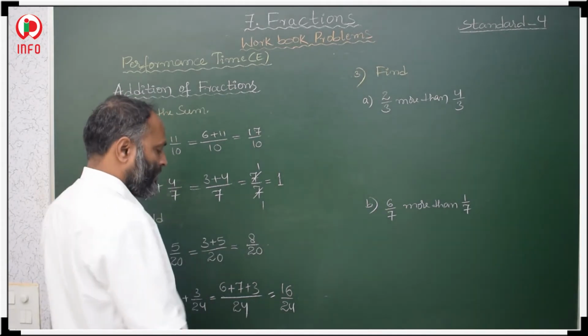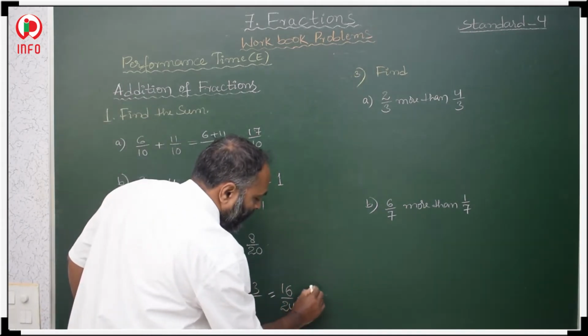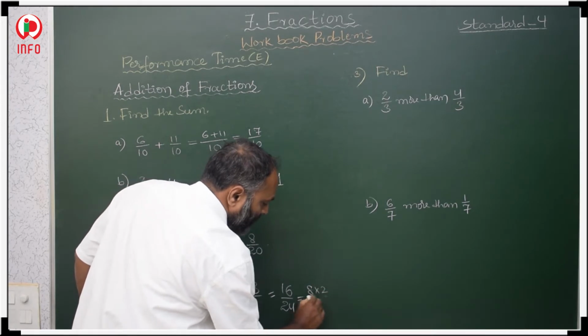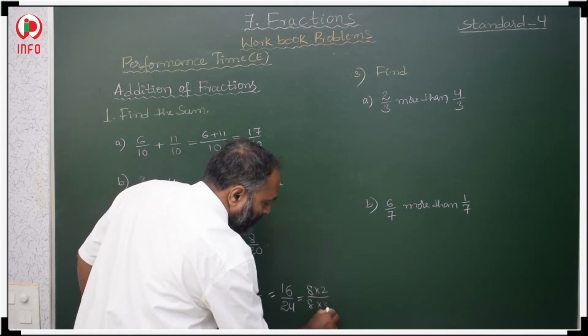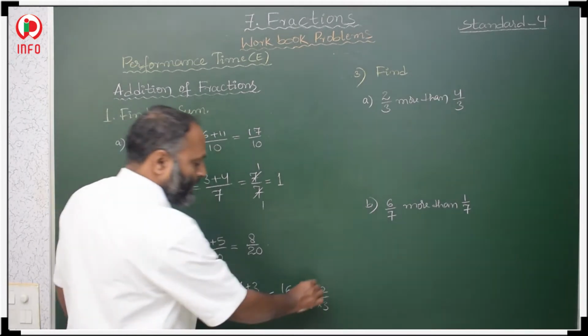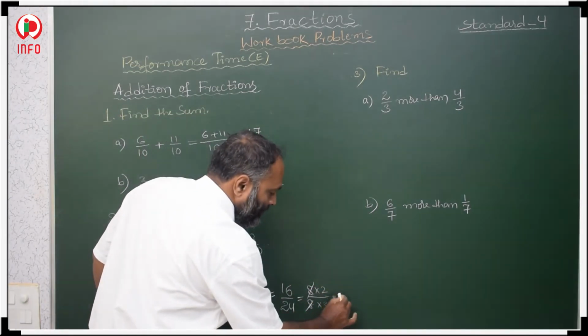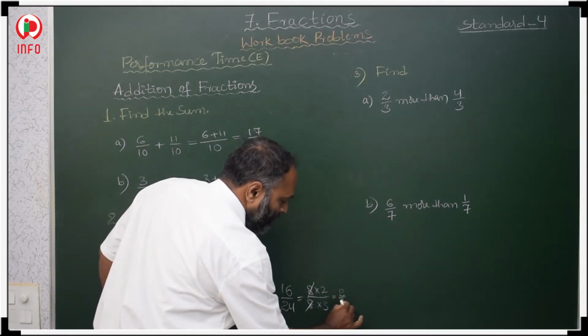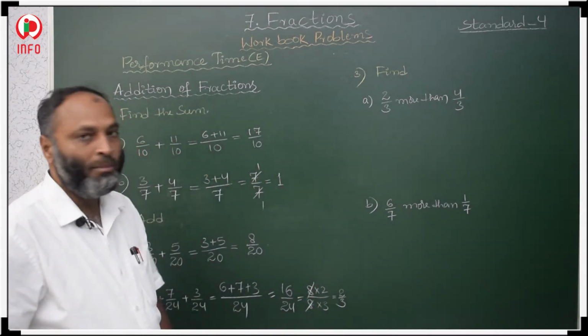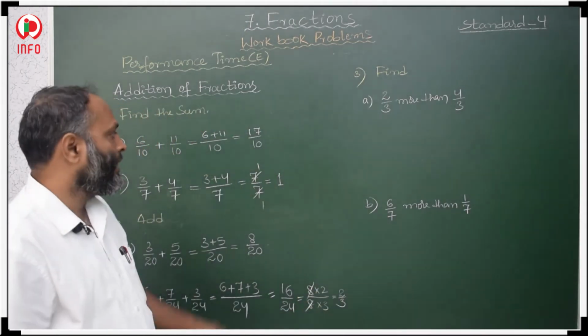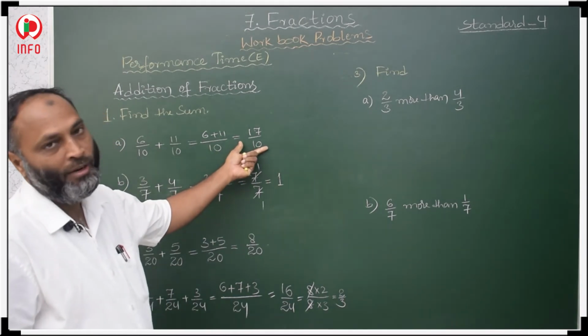Otherwise no need. How to simplify? 8 2s are 16, 8 3s are 24. The same 8 and 8 get cancelled. 2 by 3. 2 by 3 is our simplified answer. Here it is already in simplified form, no need to simplify.